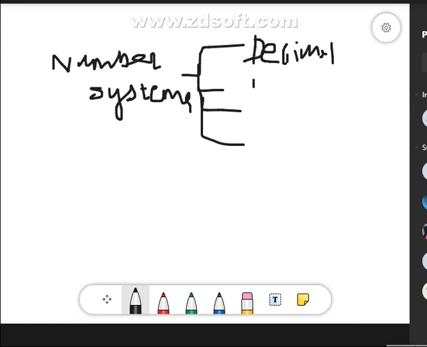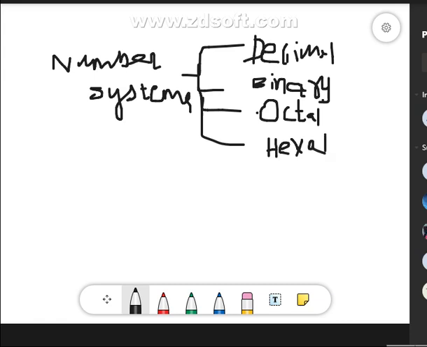Next one is binary, the third one is octal, and the fourth one is hexadecimal.